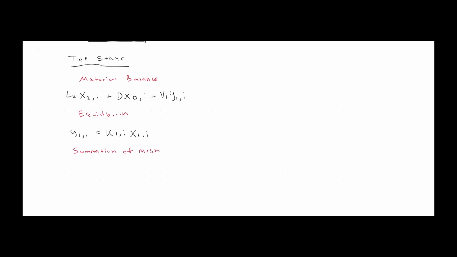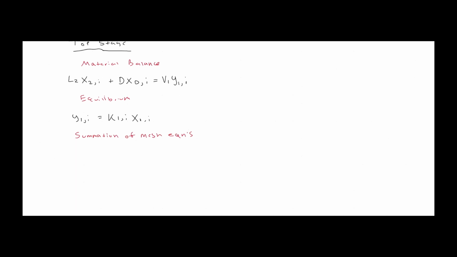Okay. So for this, you'll see that I'm pretty sure they'll all end up equaling one. When we're referencing stage n, the summation over species i equals one of either our liquid compositions or our vapor compositions will equal one.